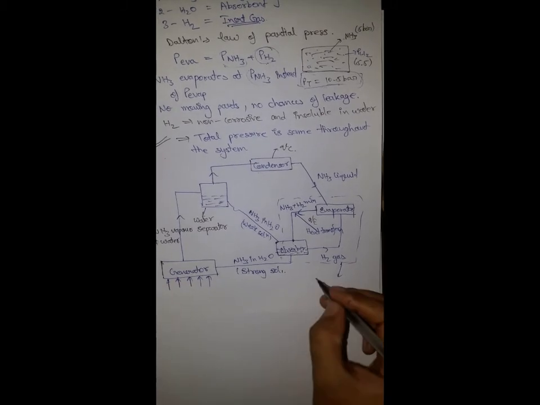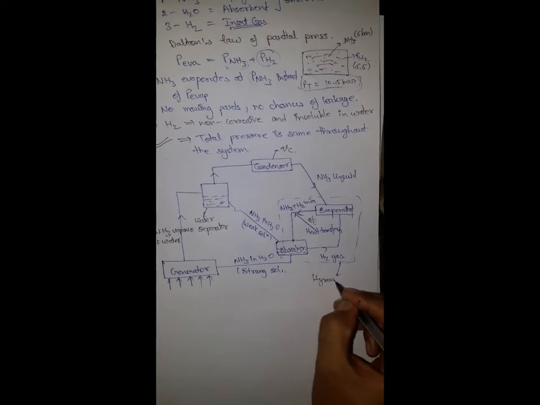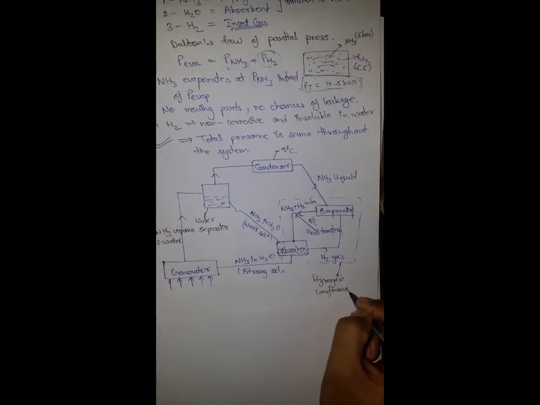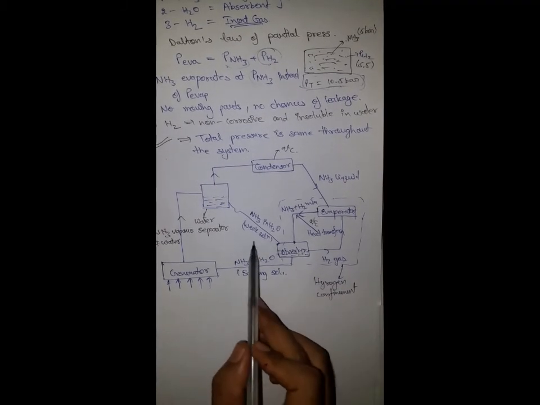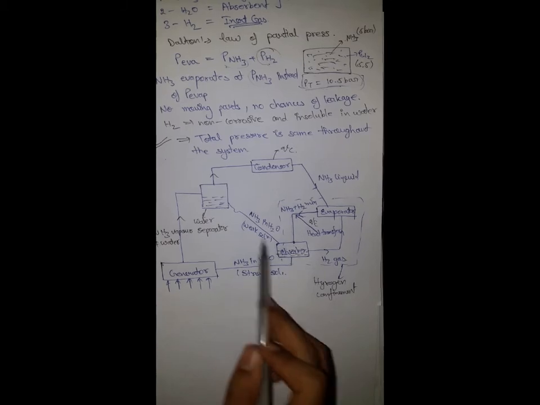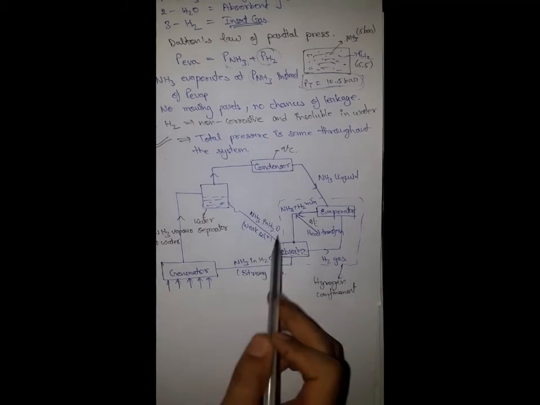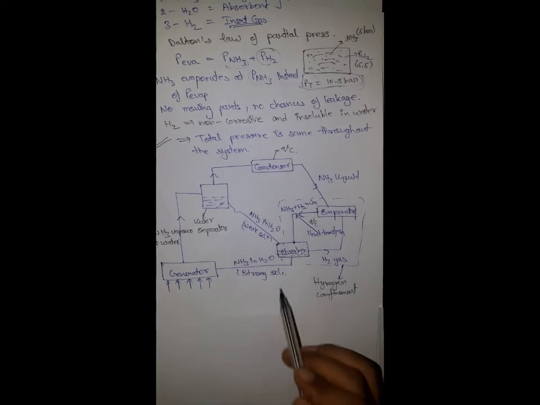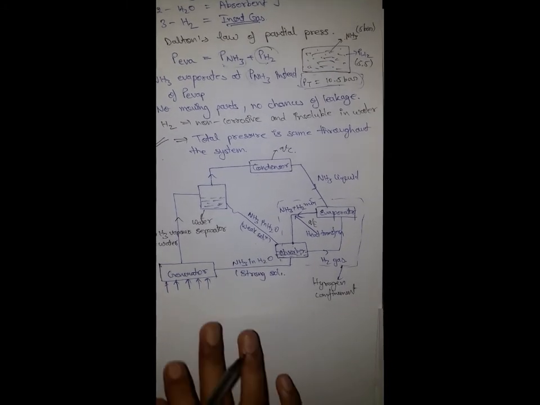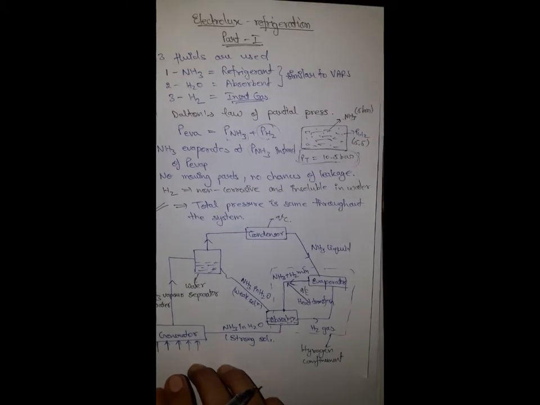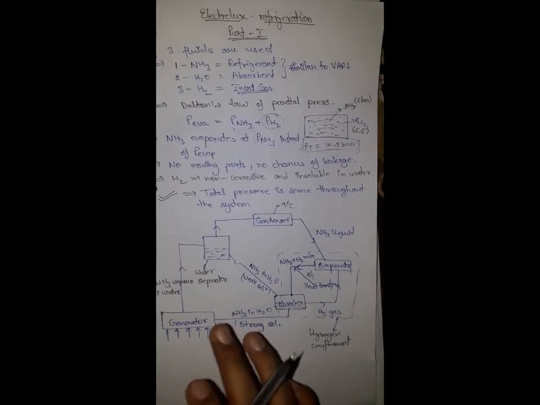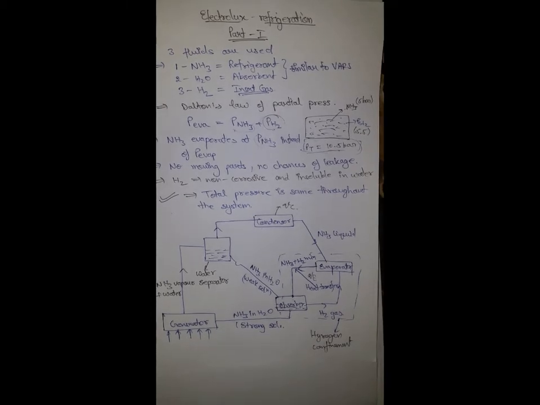And the ammonia flows back as the weak solution of ammonia, which is present in the water separator, and drops back into the absorber. So this is the basic working of the Electrolux refrigeration system, and we would be looking over its properties in the next video in detail.